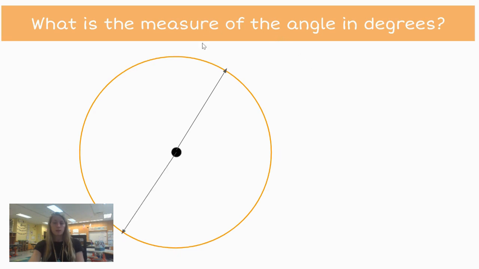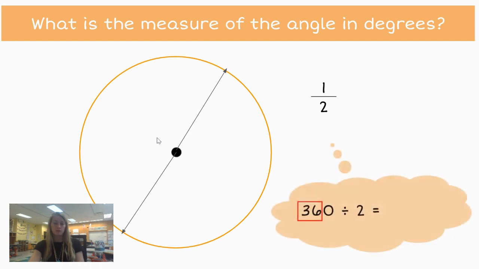What is the measure of the angle in degrees? Ooh, we got a straight line here. So we could represent this as the fraction of 1/2. We know that the whole circle is 360. Now, if we divided it just into 2 different pieces, we know that each side of this circle would be 180 degrees.